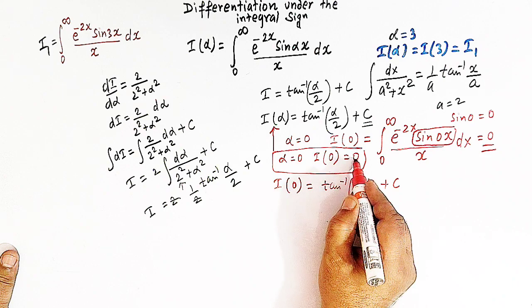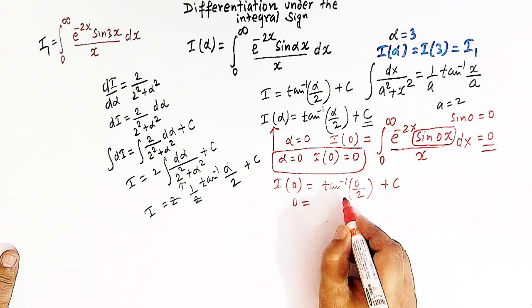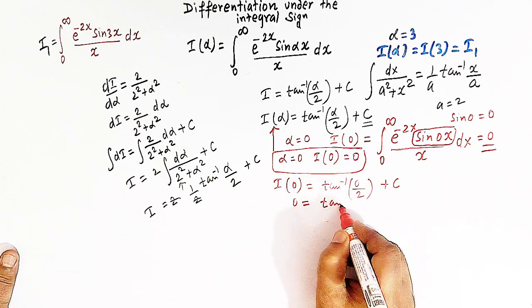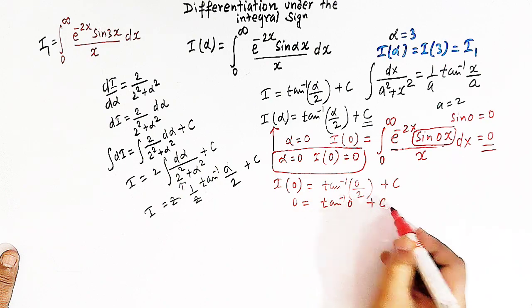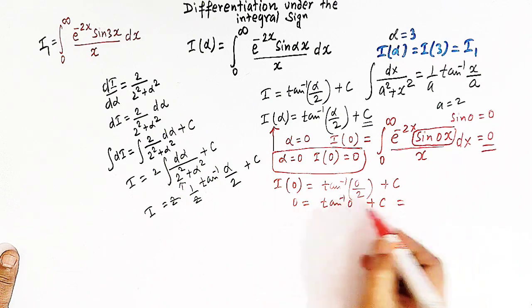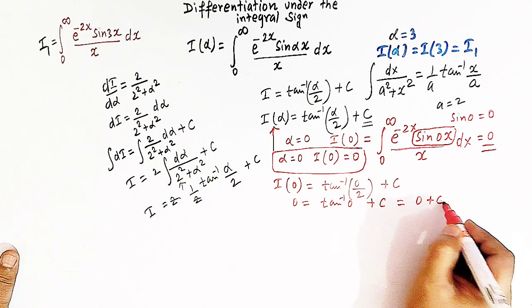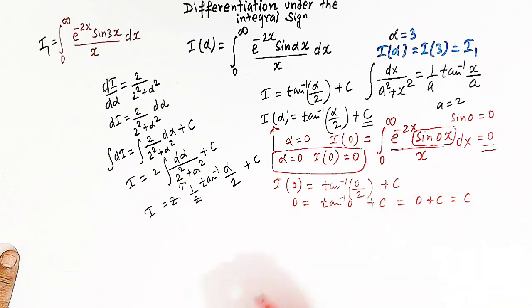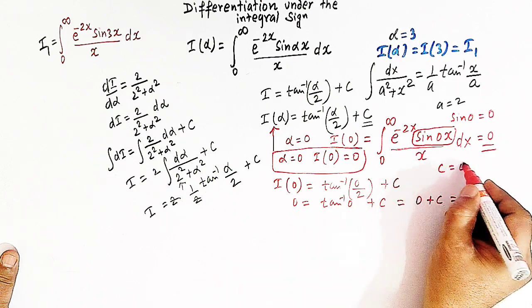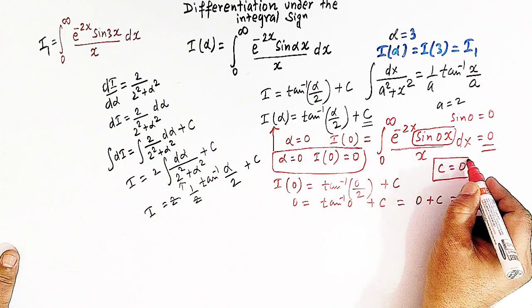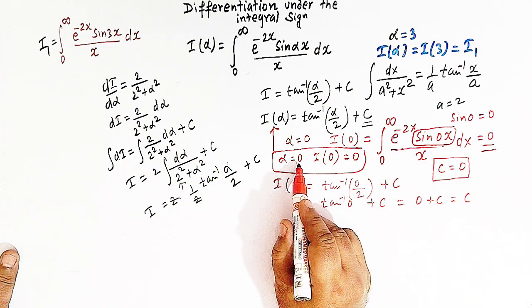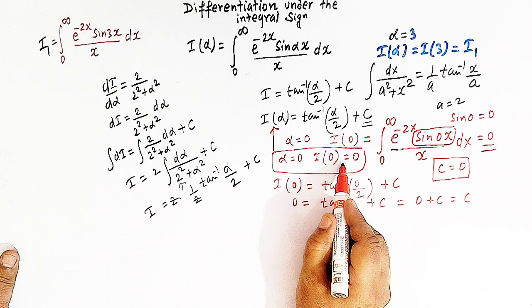So I of 0 is 0, so here we have 0, and this is tan inverse of 0 plus c, and tan inverse of 0 is 0, so we have 0 plus c, that is c, right? So the constant of integration is c is equal to 0 for these conditions, right?